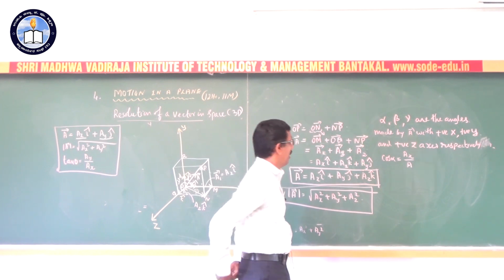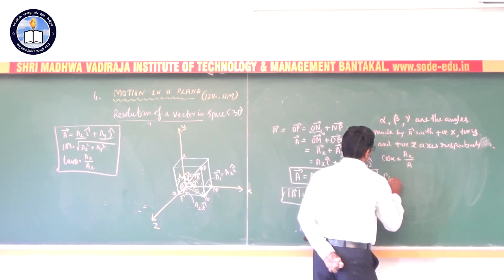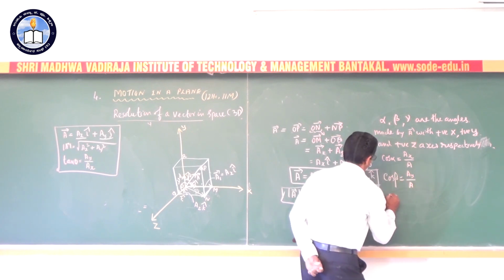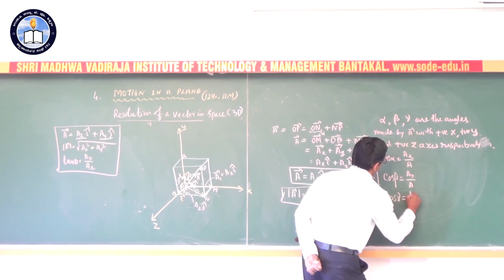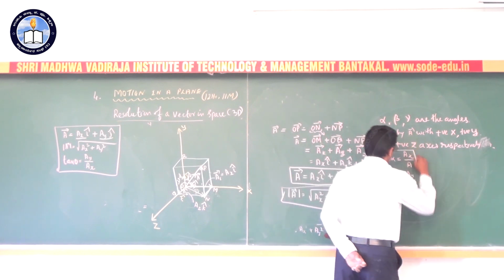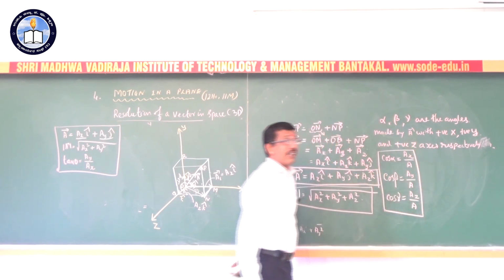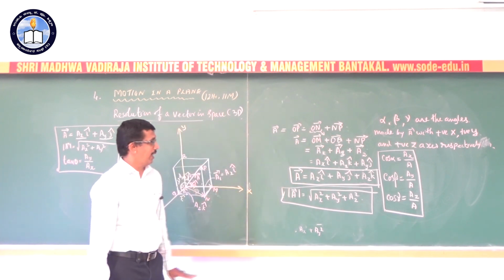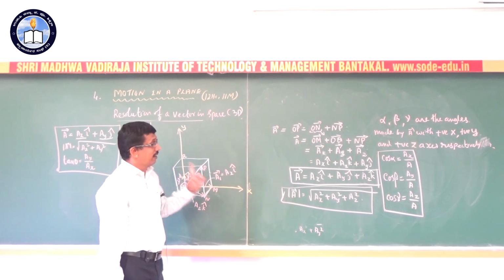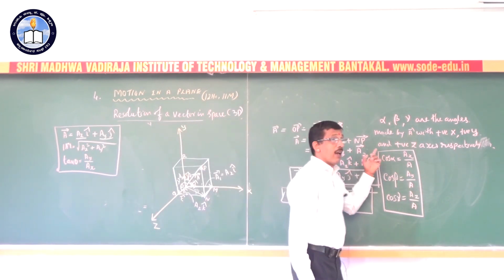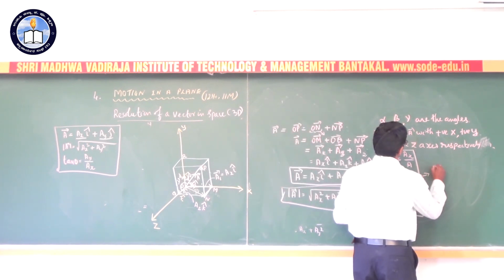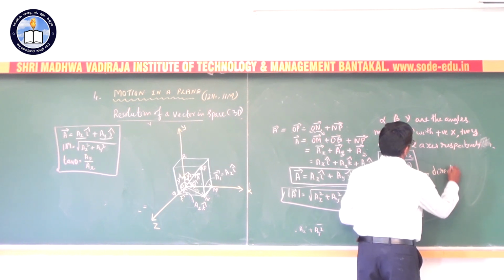The direction is given by 3 terms. Cos beta is AY by A. Cos gamma is AZ by A. These are the expressions for direction. In the case of a 3-dimensional vector, or vector in space, direction takes 3 terms. All the 3 are cosine terms, so they are known as direction cosines.